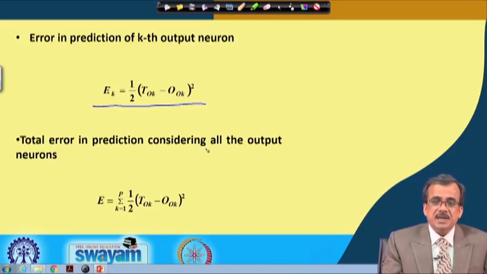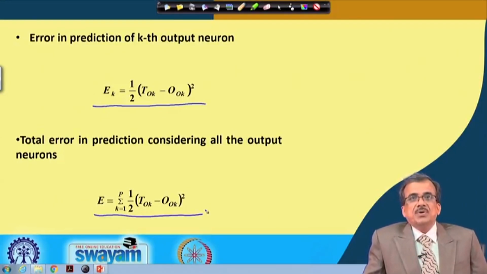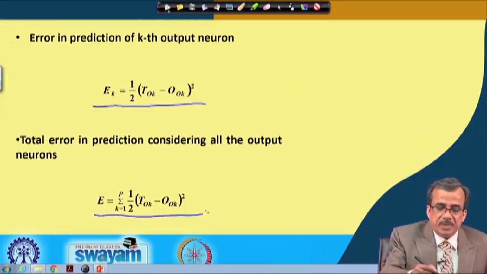Then the total error in prediction, considering all the output neurons, is E, that is, the summation over k equals 1 to p of half (T_ok minus O_ok) squared. So, by using this we can find out the total error in prediction.